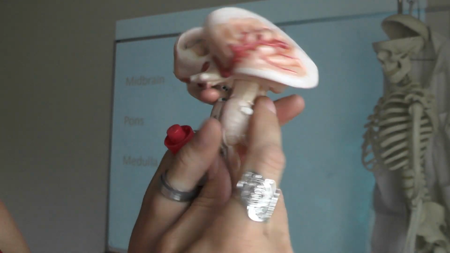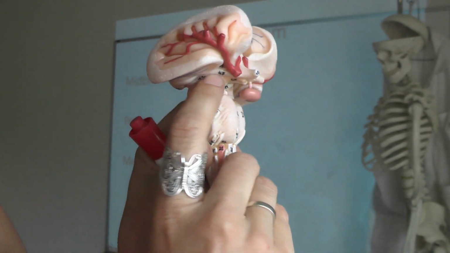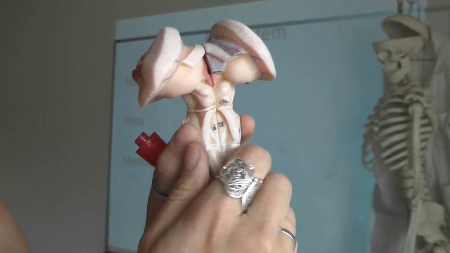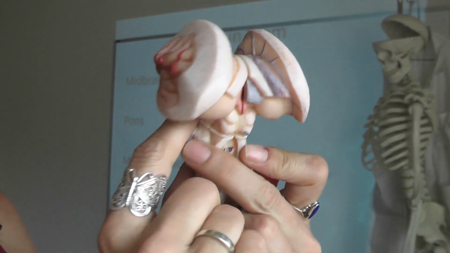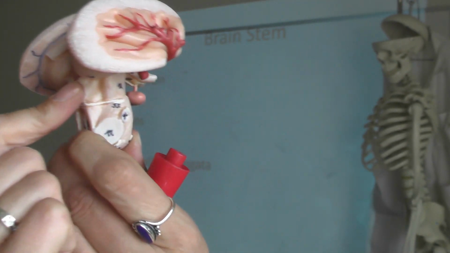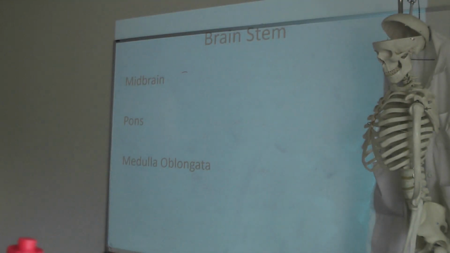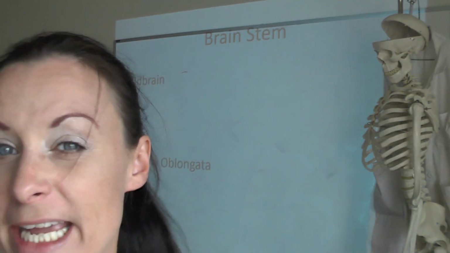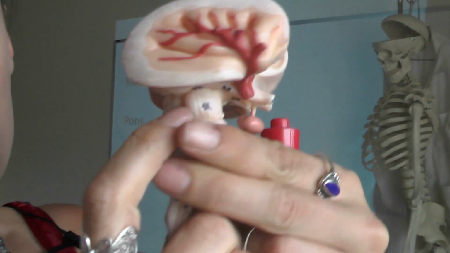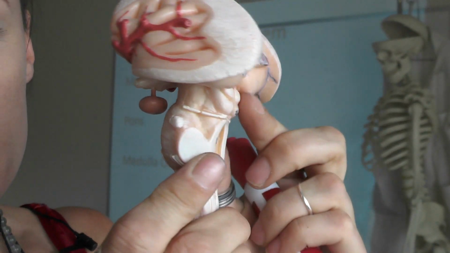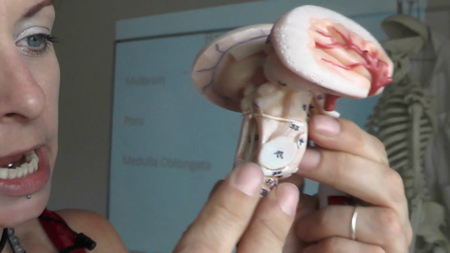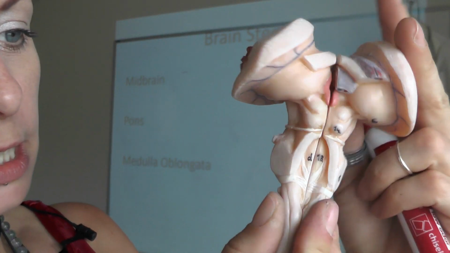I'm not worried about the corpus quadrigemina and all of that stuff, superior olivary nucleus. Just know if there's an A here and it's asking you what is it, midbrain. What does it do? Audio and visual reflexes. What does that mean? If something's flying past your face and you hear it and you track it, that's controlled in your midbrain, okay? Midbrain, auditory and visual reflexes.